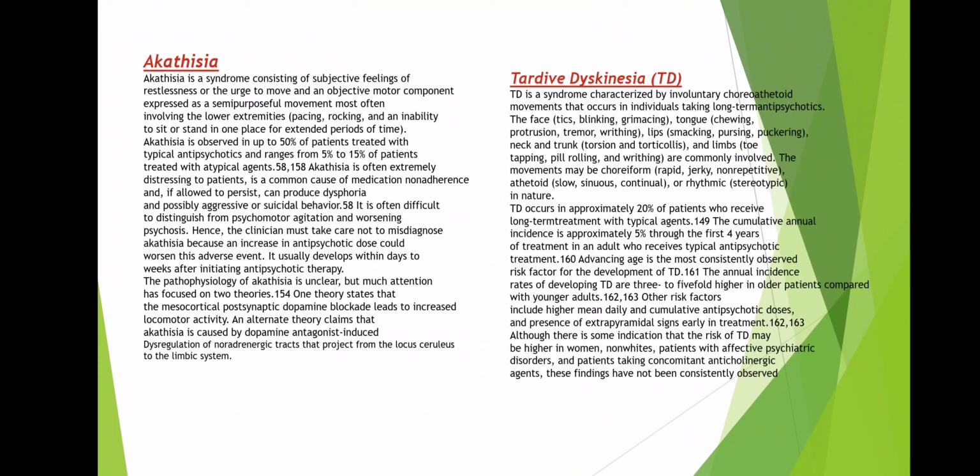The first theory states that mesocortical postsynaptic dopamine blockade leads to increased locomotor activity. The alternative theory claims that akathisia is caused by dopamine antagonist-induced dysregulation of noradrenergic tracts that project from the locus coeruleus to the limbic system.